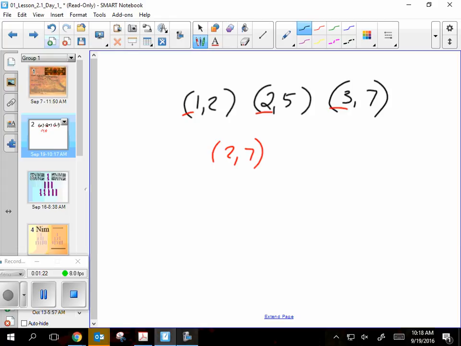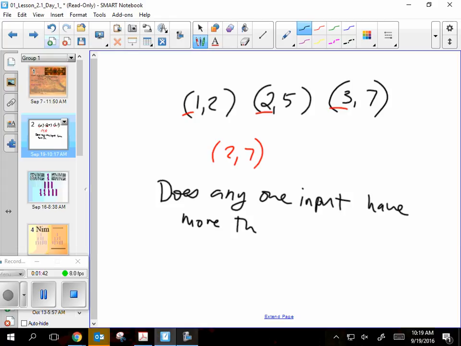To see if it's a function, does any one input have more than one, what do you think I'm going to say? Output. That's the defining question.